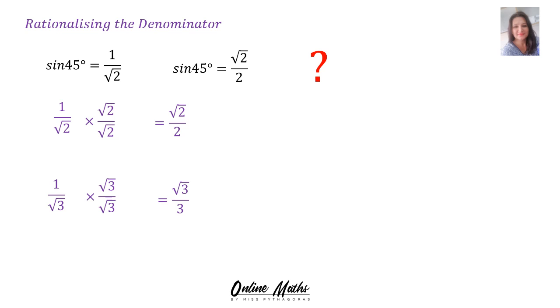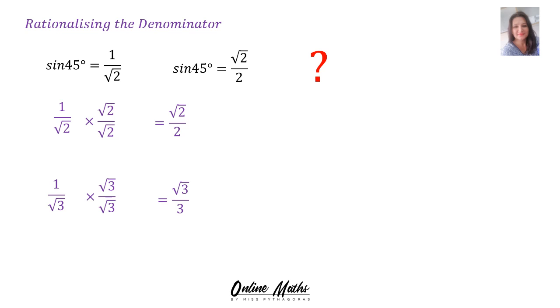I just want to explain something to you, and this is called rationalizing the denominator. Now, you will see when I use the little triangles to find the value for sin 45, the answer is 1 over root 2. And then when you do sin 45 with your calculator, you will see that the answer is root 2 over 2.